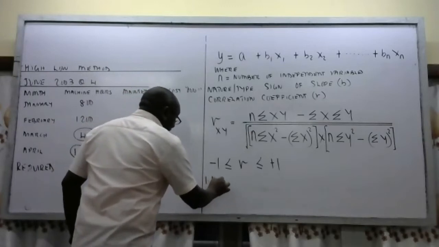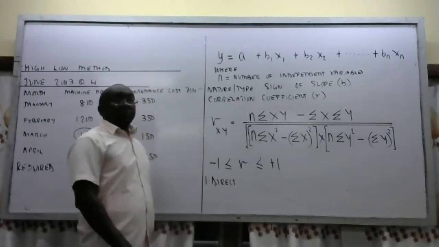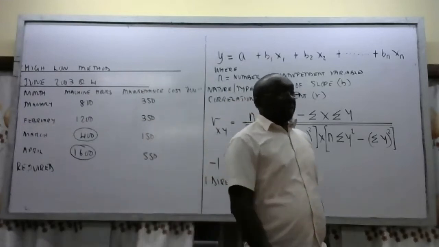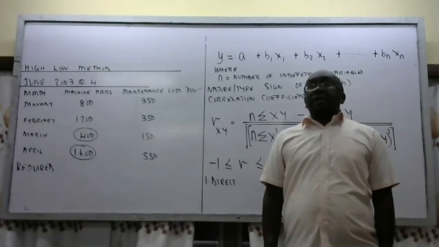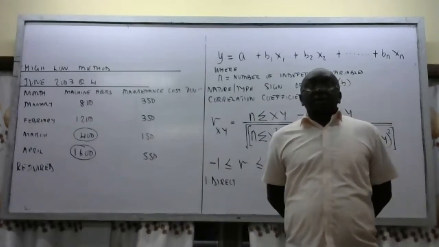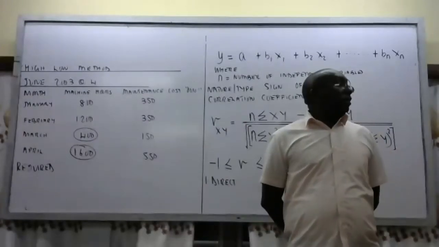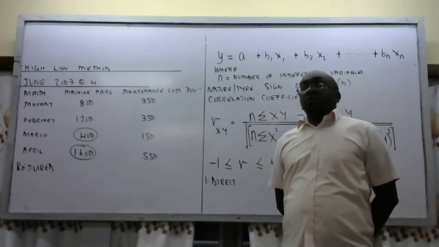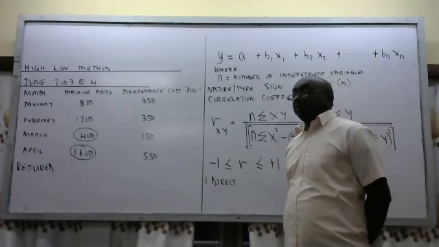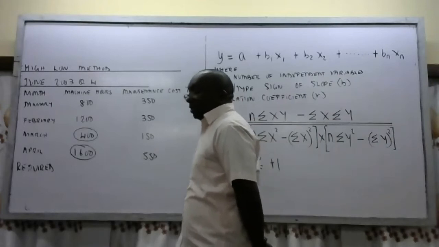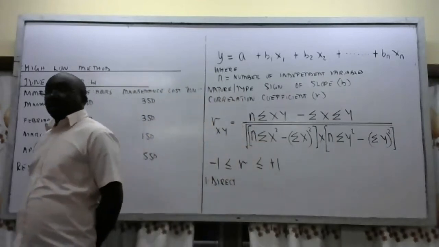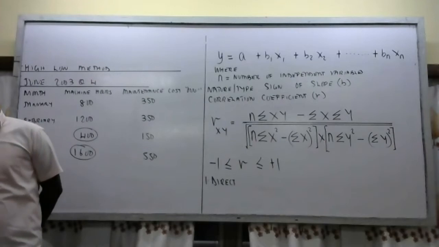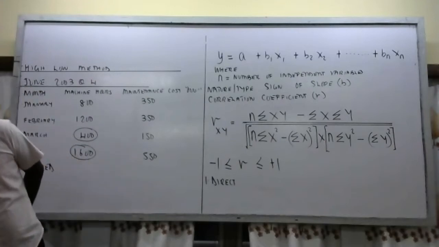One is called direct relationship, and we write that this is where the variables change towards the same direction.